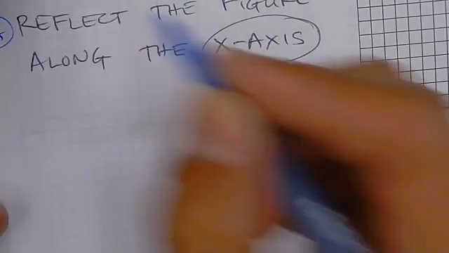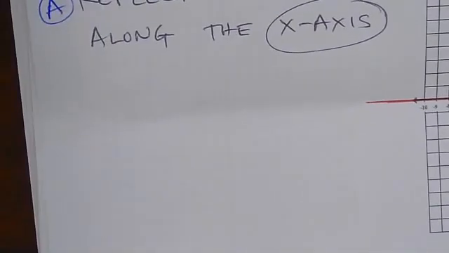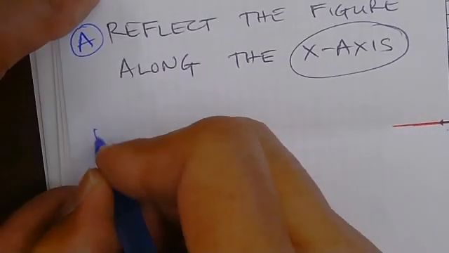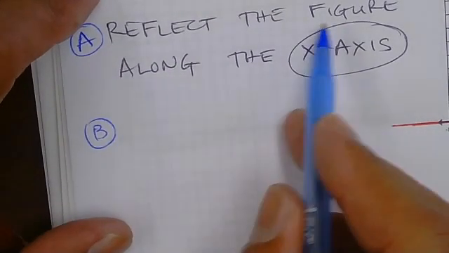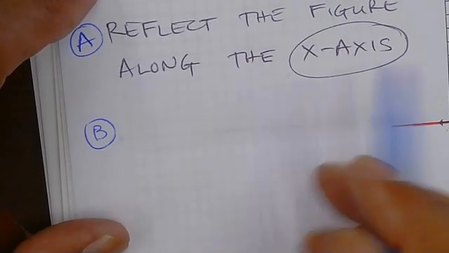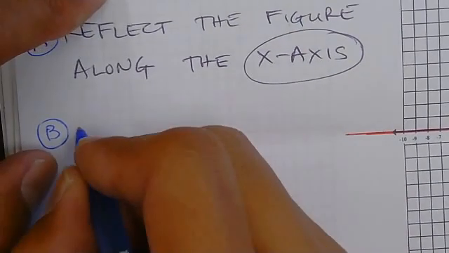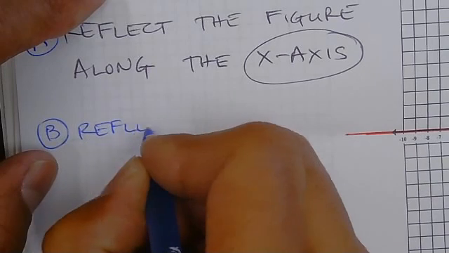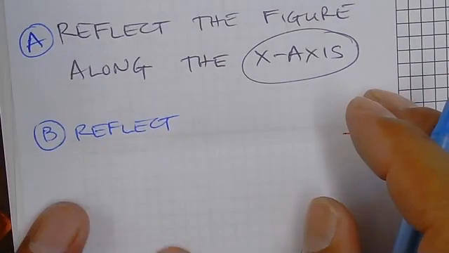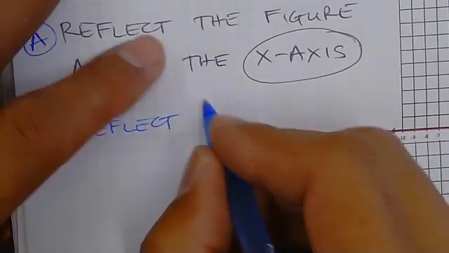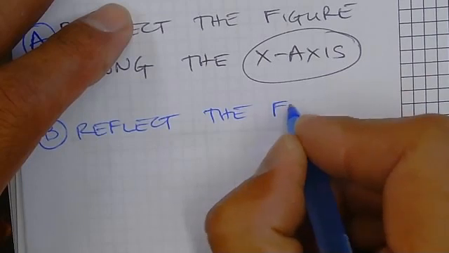All right, I'm going to use this same original one right here. Guess what that was? That was question A. Guess what I'm going to put for the next one? Question B. Reflect the figure along the... Yeah, go ahead and try the other one.